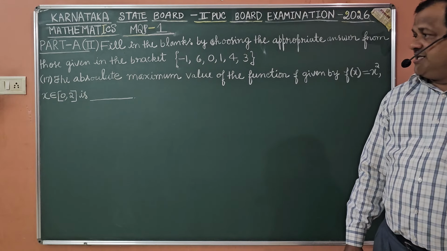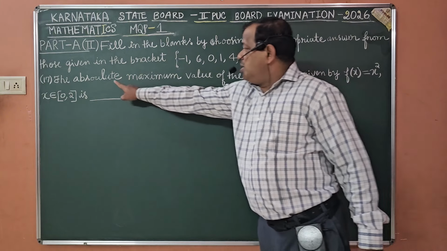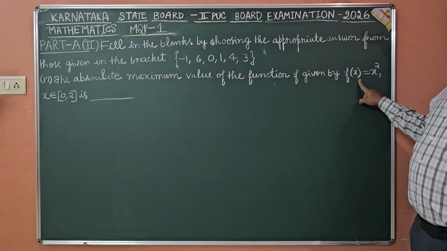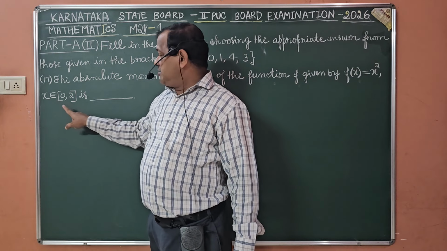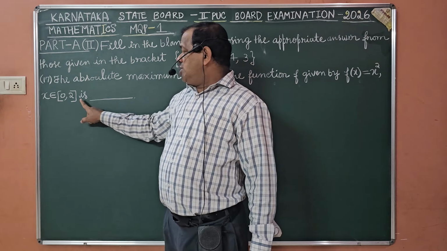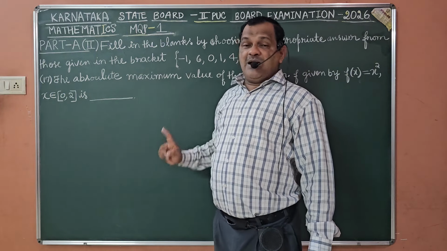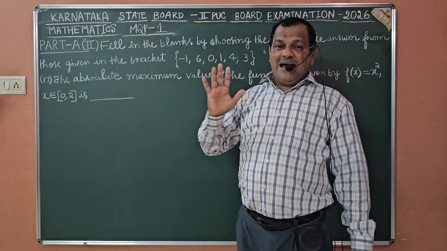Now, the next fill in the blank, 17th one: the absolute maximum value of the function f given by f of x equal to x square, where x belongs to closed interval 0, 2 is. It is a question of finding absolute maximum, not local maximum, not relative maximum.